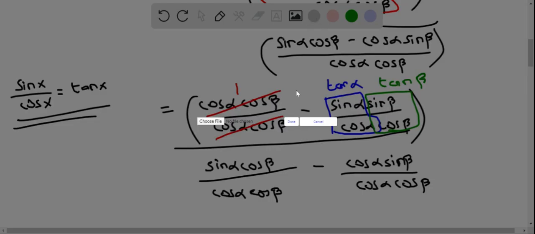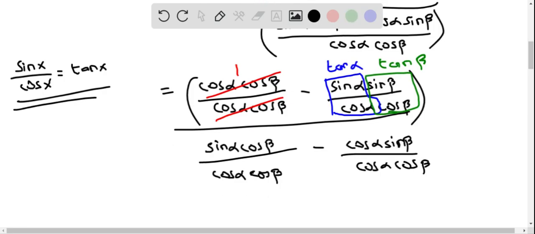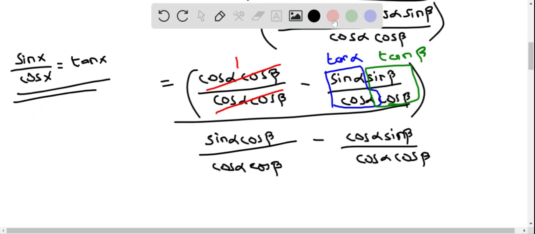So let me write that here. Therefore, the numerator becomes, in fact, I can also simplify the denominator like this. So here we have sine alpha over cosine alpha. This is tangent alpha, and the cos beta terms get cancelled. And here cos alpha terms are getting cancelled.